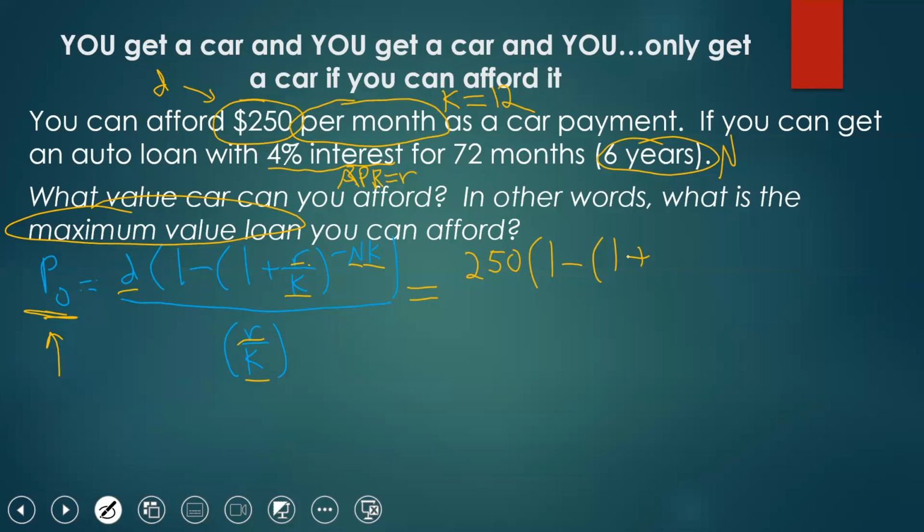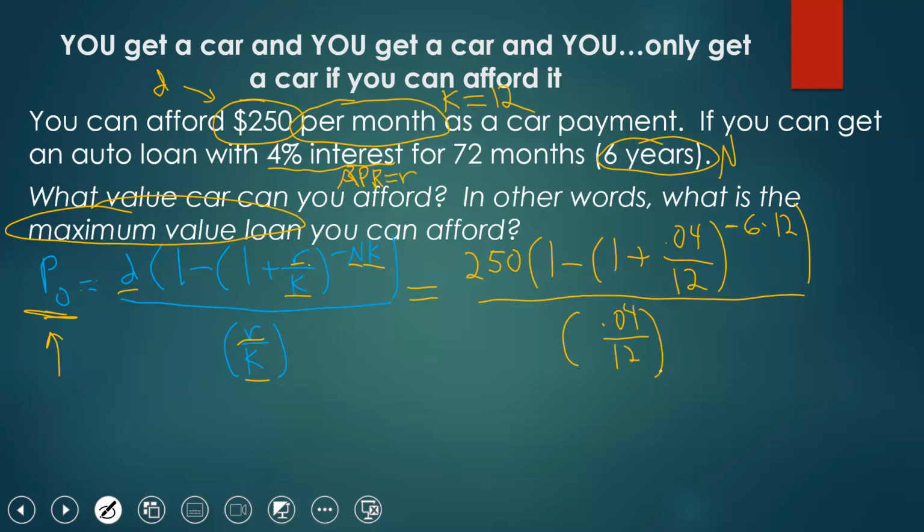But we need to convert that to a decimal, so that would be 0.04 divided by the value for K. Again, since we're compounding monthly or paying monthly, that'll be 12. And then in the exponent of this part, we do negative N, since it's going to be 6 years. That will be 6 times the value for K, which is 12. And then we divide that by, again, that value for R, which is 0.04, all divided by 12.